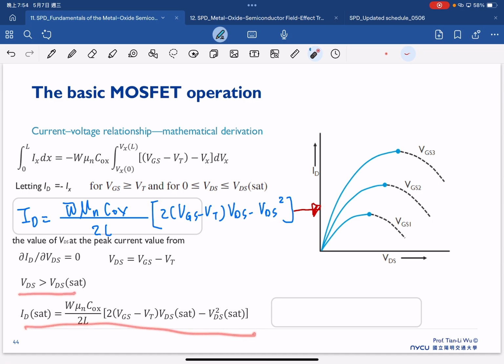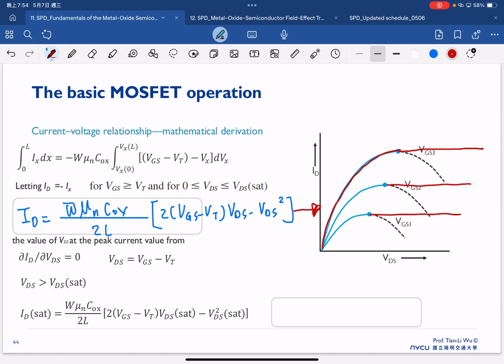First of all, we have this up to the peak, and after the peak, which is our saturation region, we have this, where ID sat is equal to this.